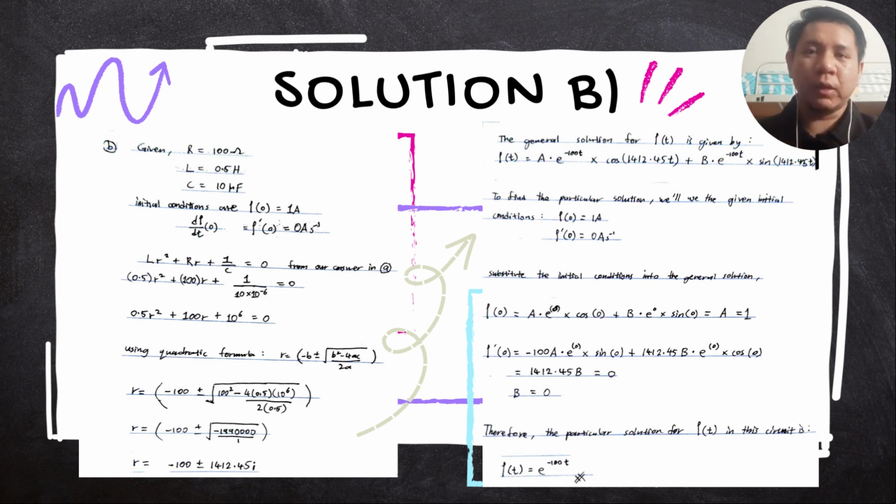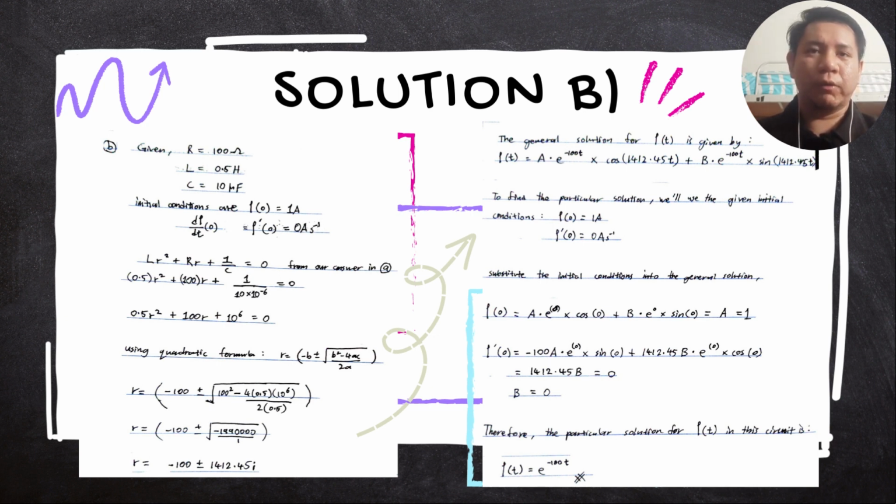The equation L r square plus R r plus 1 over C equals 0 is from our answer in A. Then we substitute in the given values of R, L and C. We get 0.5 times r square plus 100 times r plus 1 over 10 times 10 to the power of negative 6 equals 0, or 0.5 r square plus 100 r plus 10 to the power of 6 equals 0.